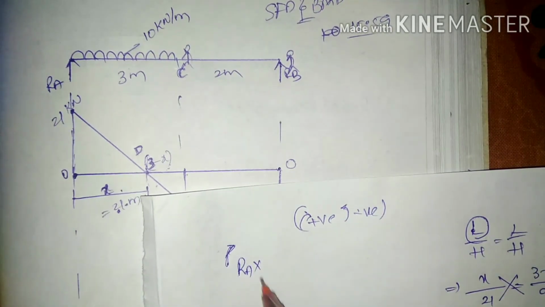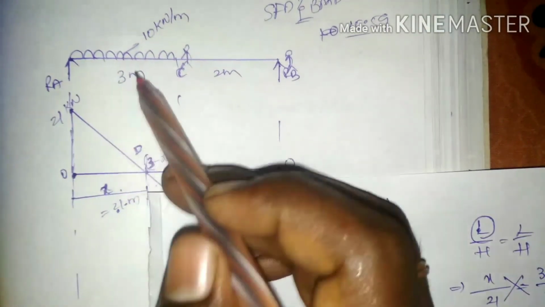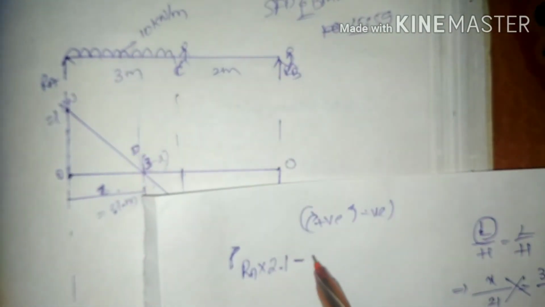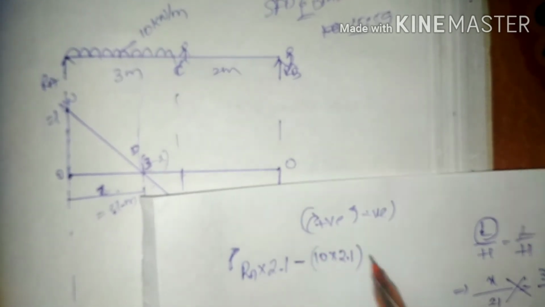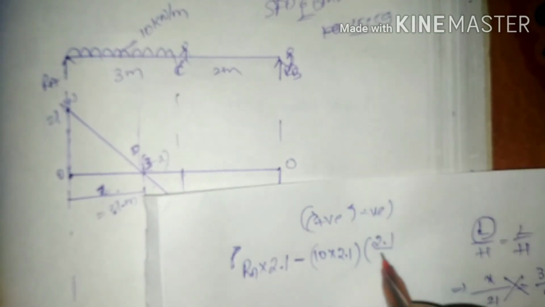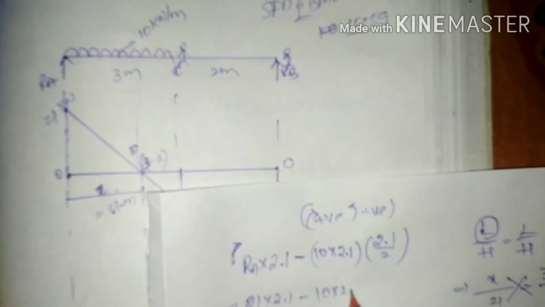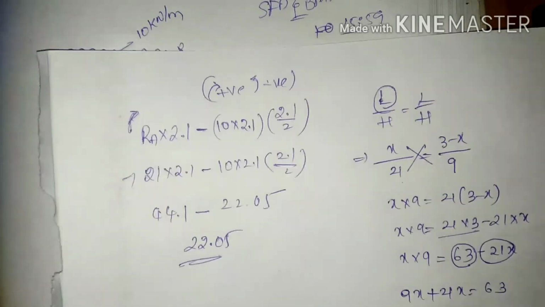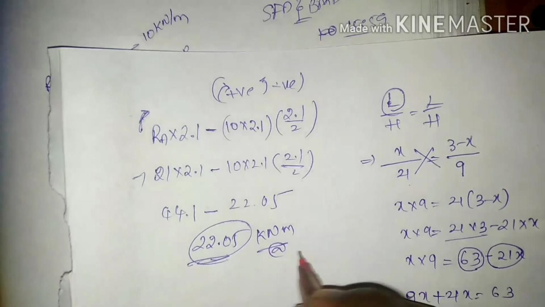Then RA into 2.1, and next minus 10 into 2.1, because this is in the anti-clockwise direction, and the distance for the UDL moment is 2.1 by 2. That's going to be 21 into 2.1 minus 10 into 2.1 into 2.1 by 2. Repeating the calculation, I am getting the value of 22.05 kilonewton meter at point D.